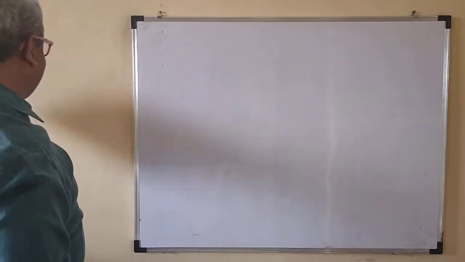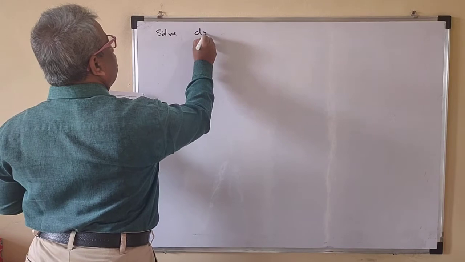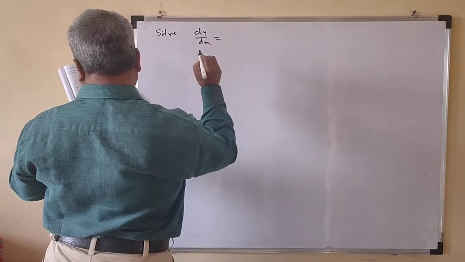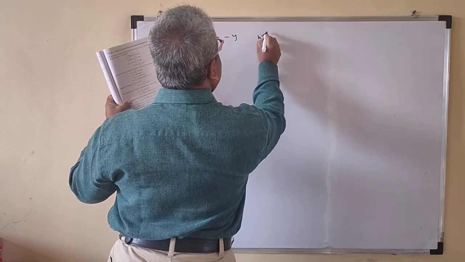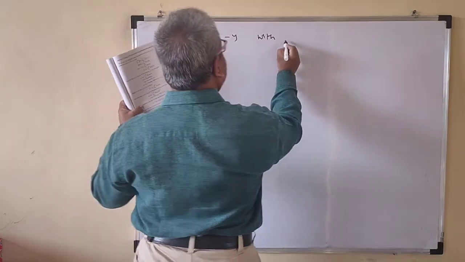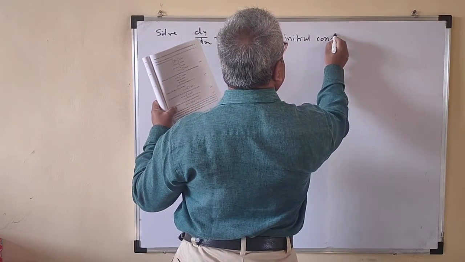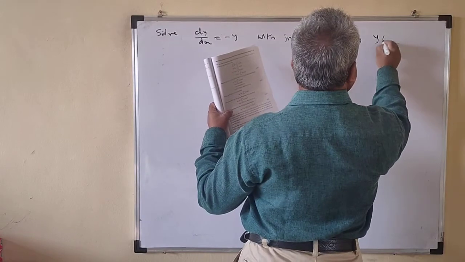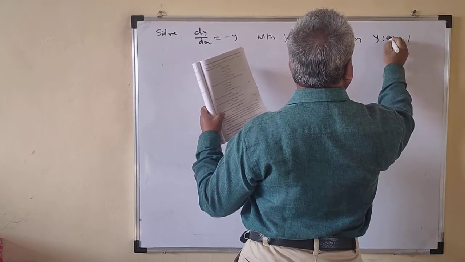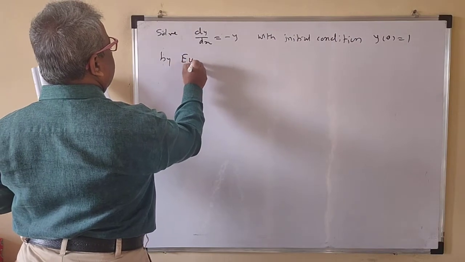Now we'll take a problem: solve dy/dx = -y with initial condition y(0) = 1 by Euler's method.